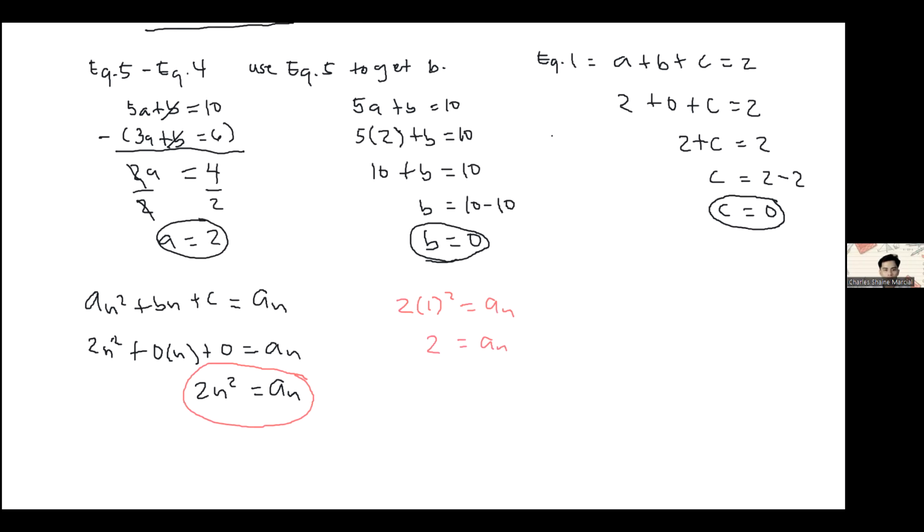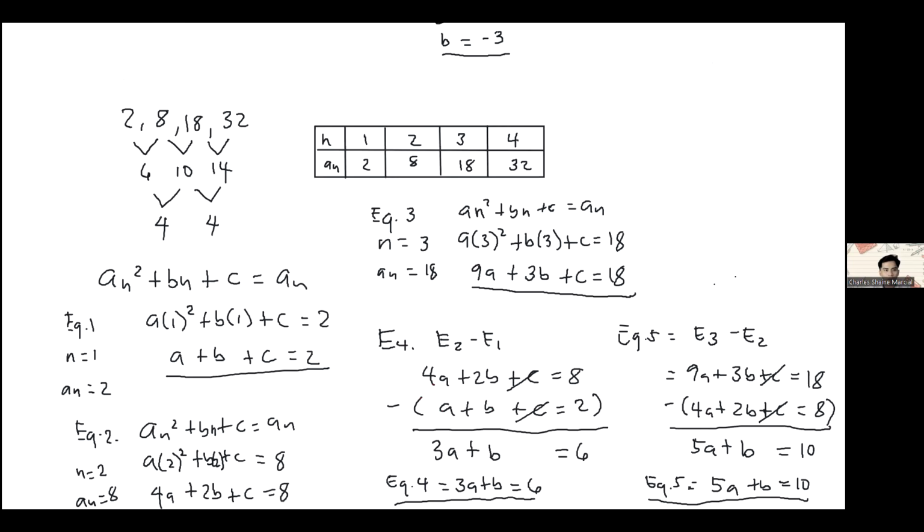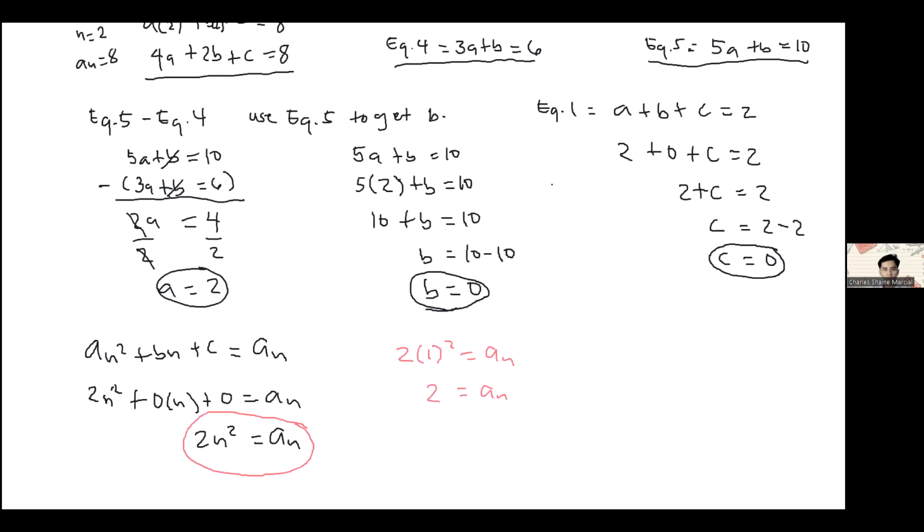So tingnan natin kung tama ba. Tama. Ito, parehas lang sila. So check naman natin yung second term. 2 times 8 squared is equal to 64... mali.